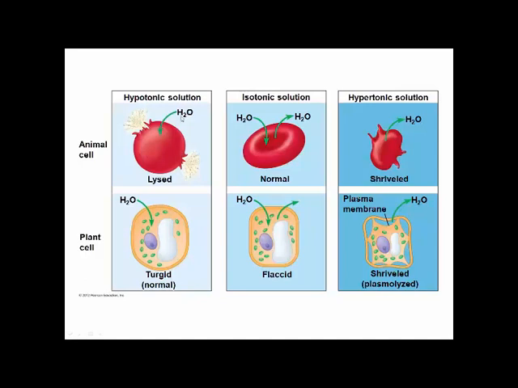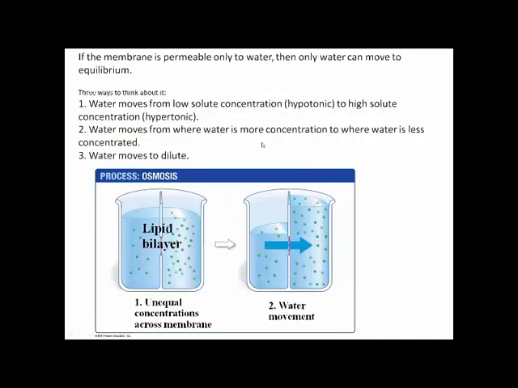If we stored it in pure water, then cells would burst as water diffused into the cell. In isotonic solution, there's a net flow. The net is equal here. There's a flow in and out of the cell, but there's no change in solute concentration within the interior of the cell.